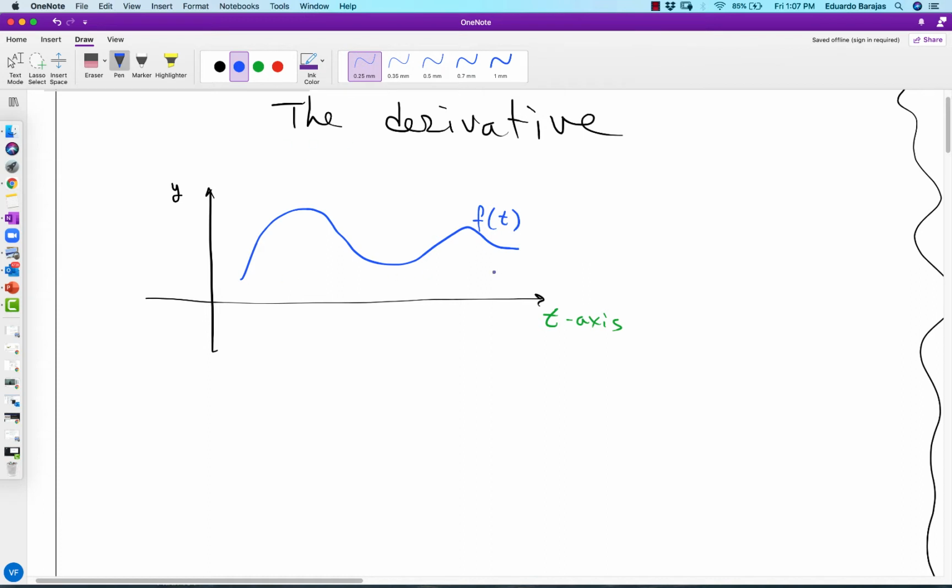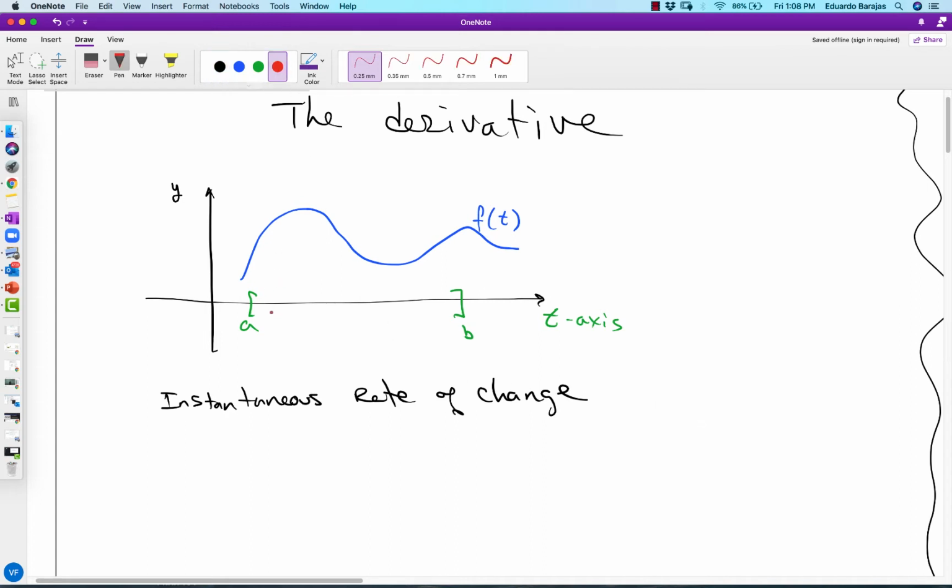And let's say f of t is continuous on a set from a to b. So this is the little zone we're interested in. And for the derivative problem, we were interested in the instantaneous rate of change, right? That was the big question. What's the instantaneous rate of change?